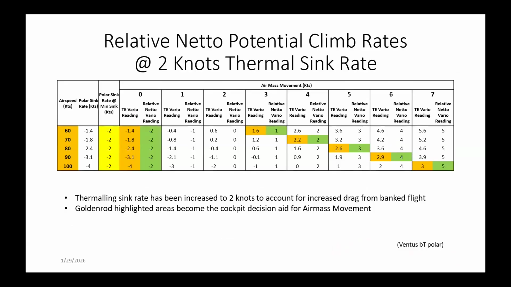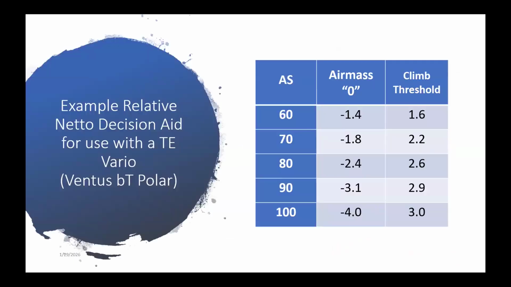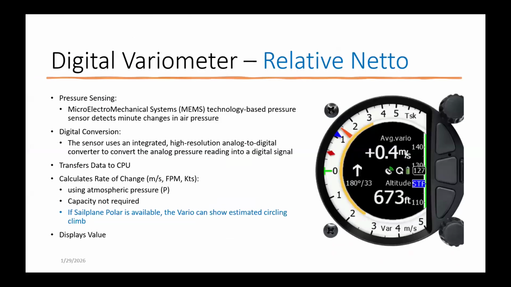And then this was one showing 2 knots thermal sink rate. Now, you can pull all that down to something that looks like this, and this is just an extraction from the previous chart. I think you can understand why I decided I wanted an electronic vario once I could afford one.